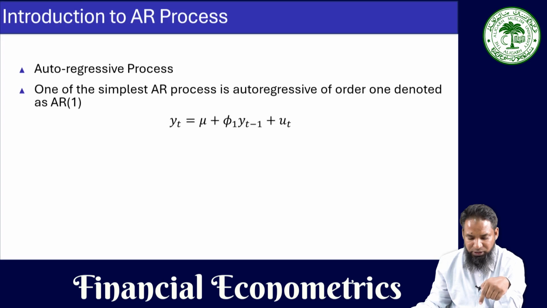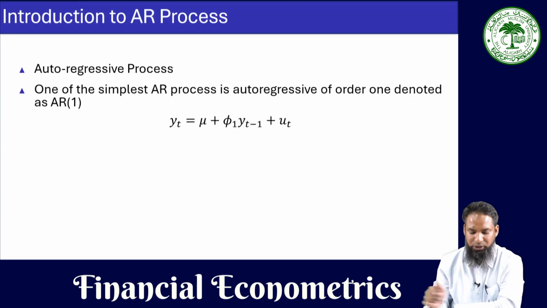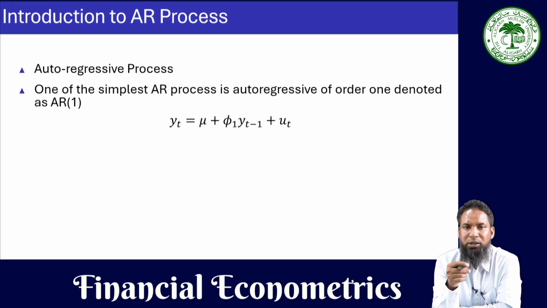Here y_t is equal to mu plus phi 1 y_{t-1} plus u_t. Here mu represents the constant, that is, the mean associated with the series. Phi 1 is the fixed parameter which shows the weight through which y_t is related with y_{t-1}, and u_t is the white noise process with mean 0 and variance sigma square.